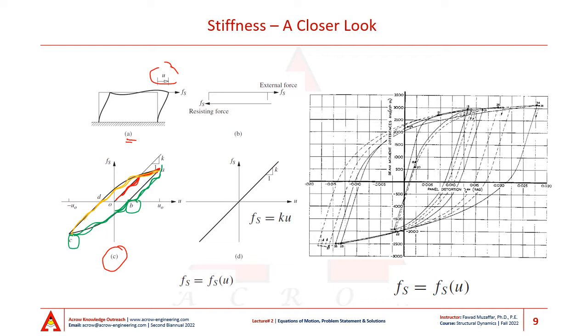So the point to note is that once we enter the nonlinear range, we not only need to know the current deformation in the system, but we also need to know about the history of loading and unloading of the system. But within the linear range, it doesn't matter because we will be loading and unloading on the same line.